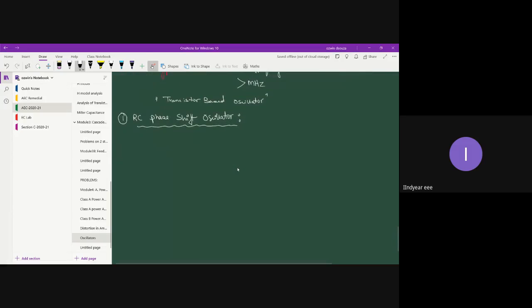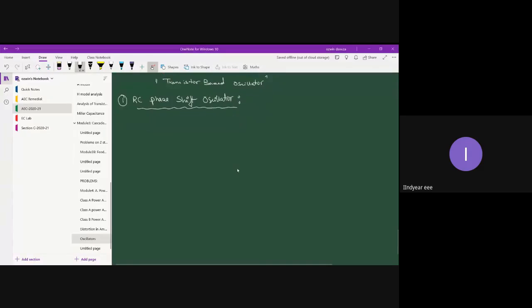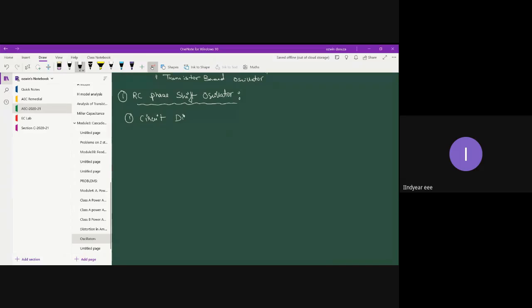First let me write the circuit diagram. Before actually constructing the circuit diagram, let me propose the generic circuit diagram.